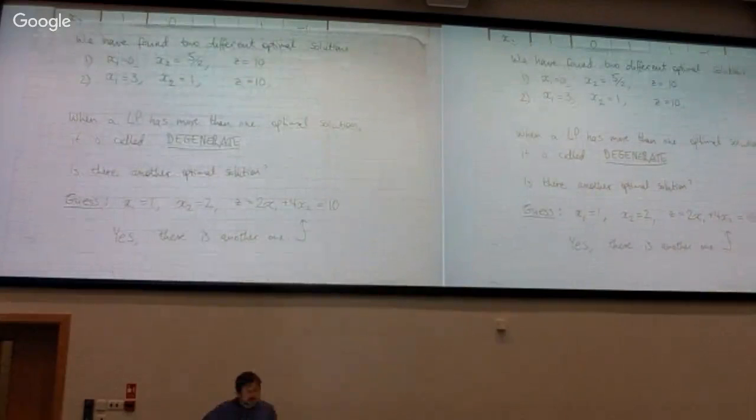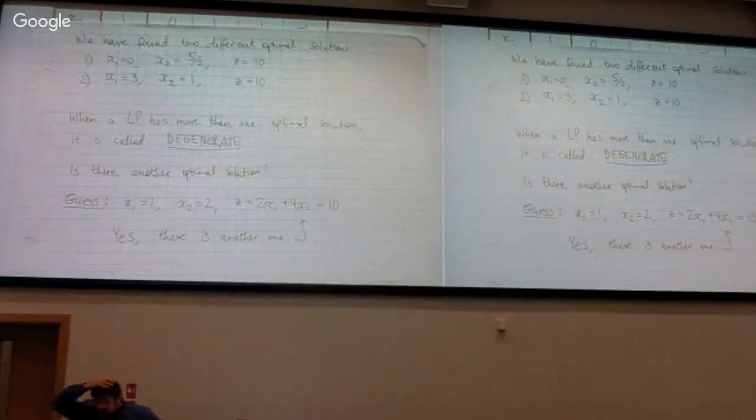Okay. So who thinks there are 3 optimal solutions? So who thinks there are 4 optimal solutions? Okay, 5. 28.